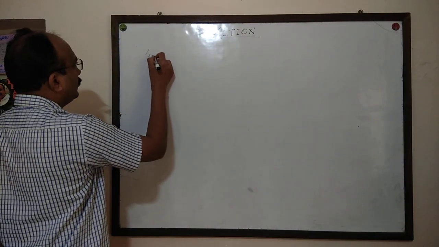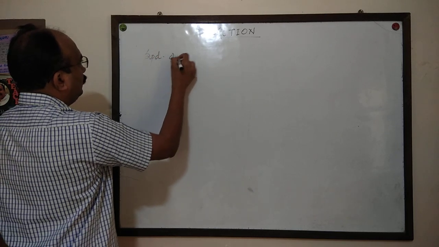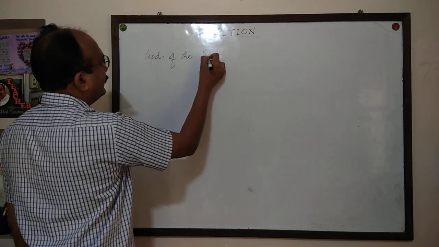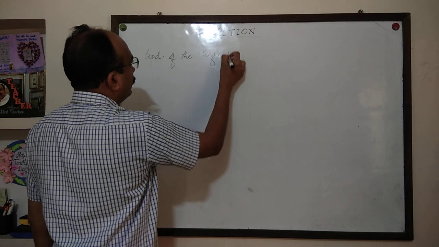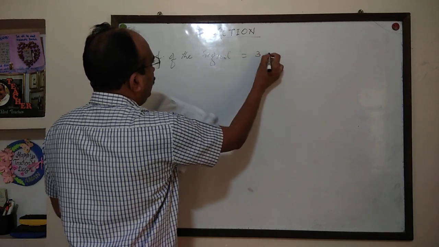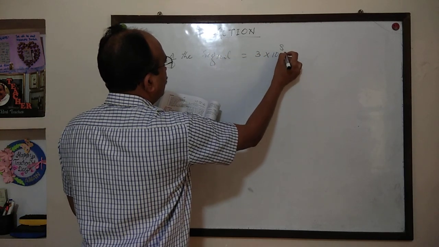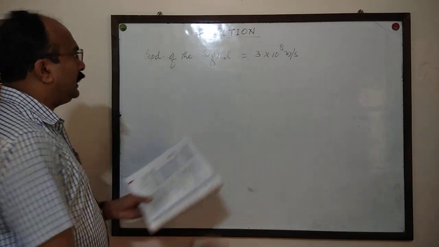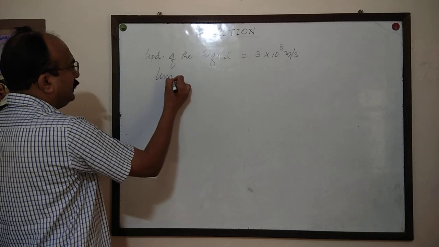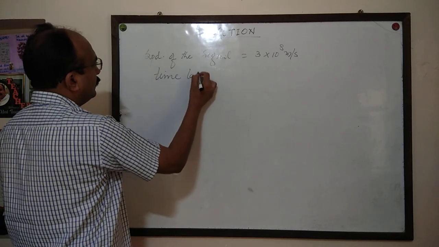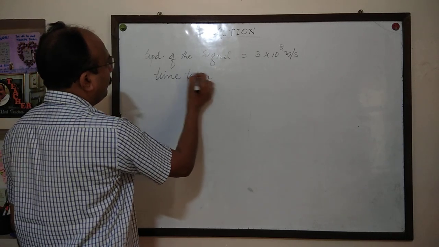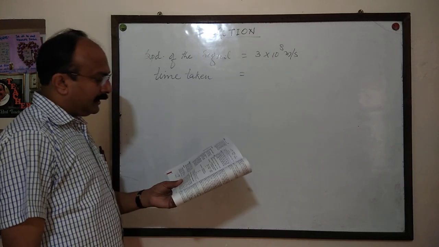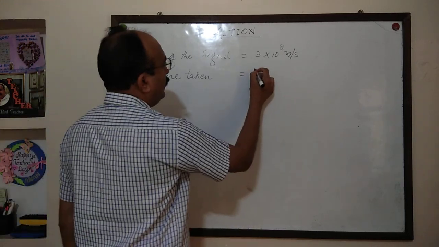So given, speed of the signal is equal to 3 into 10 raised to 8 meter per second, and the time taken by the signal is 5 minutes.